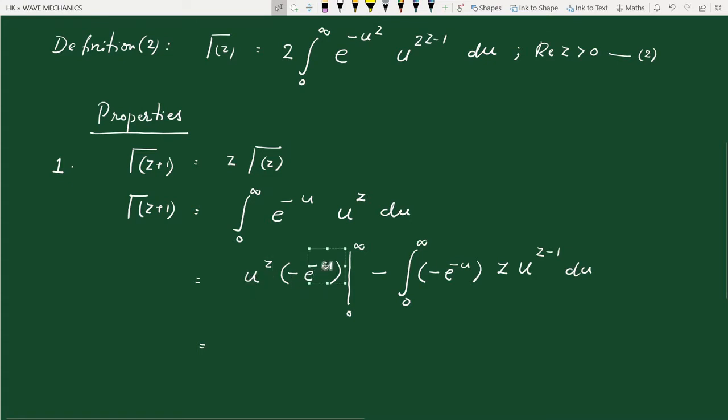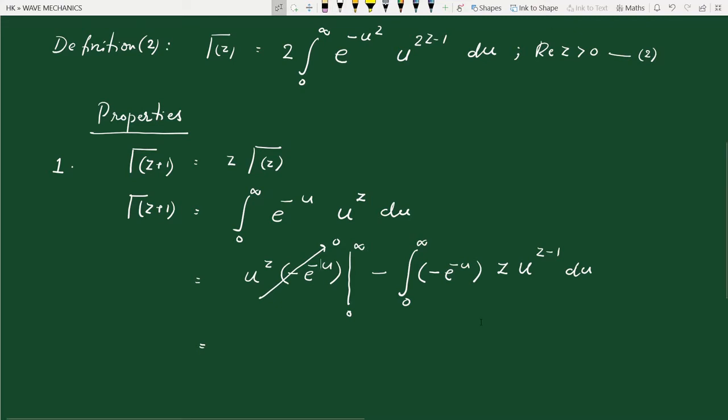Therefore e raised to minus u goes to 0. So this function goes to 0 faster than this function goes to infinity. So at the upper limit, this is a faster changing function, e raised to minus u, so we get e raised to minus infinity, which goes to 0. Okay, in the lower limit, e raised to 0 is 1, but u raised to z goes to 0. That means this term will go to 0 at the boundary.